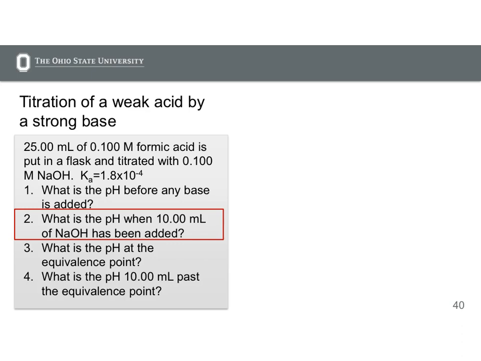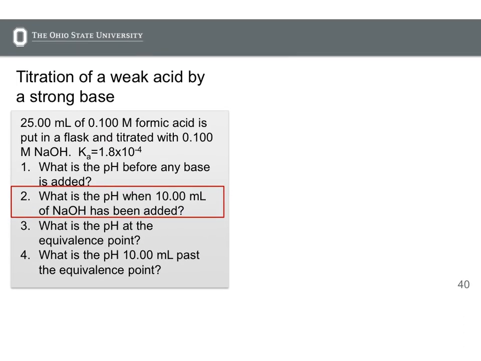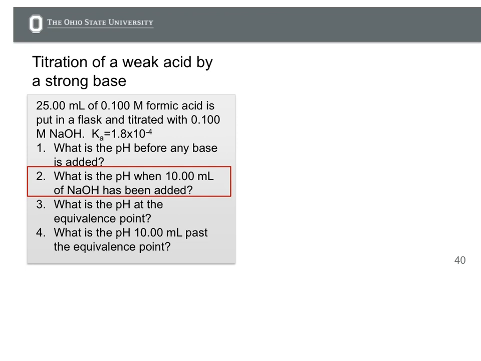Okay. So in order to do this, we need a reaction table. So I'll set up my reaction. HF plus OH minus going to react to form F minus and H2O.